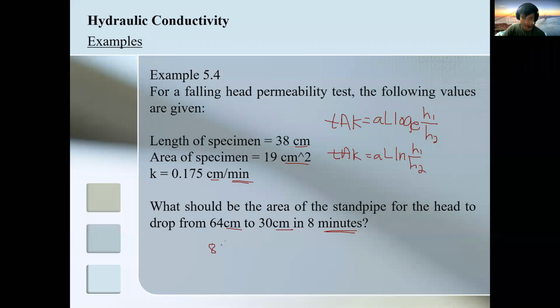So 8 minutes. The area of the standpipe is the small letter a, 19 cm squared, and K is 0.175, equals small a times 38.